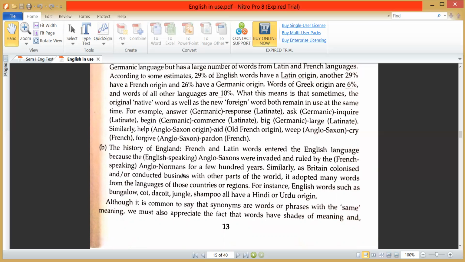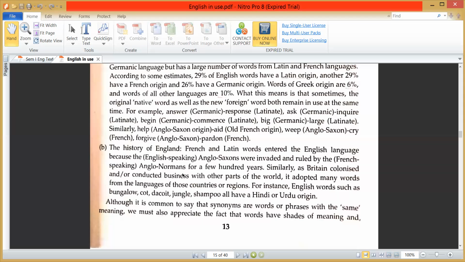These Anglo-Normans happened to rule the English-speaking Anglo-Saxon people for a few hundred years. Just as the British people happened to rule over India and several other countries, they ruled our India for 200 years, in the same way the Anglo-Saxons were ruled in the beginning by these French-speaking Anglo-Normans.